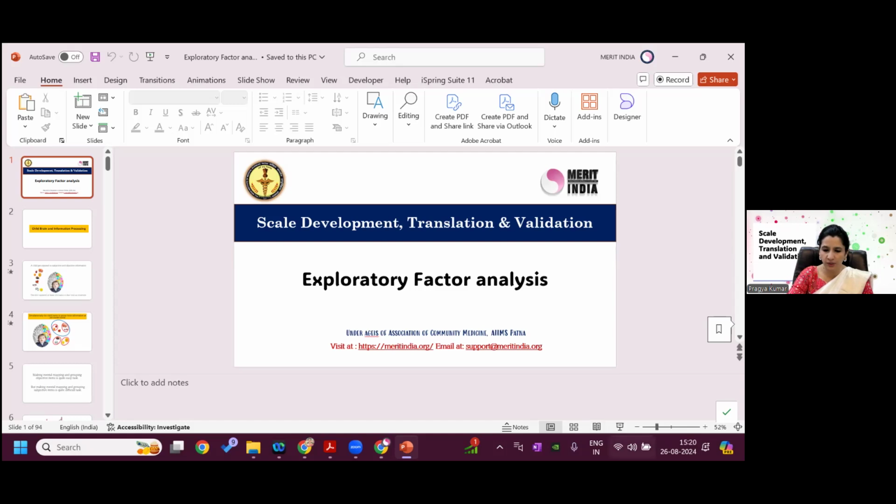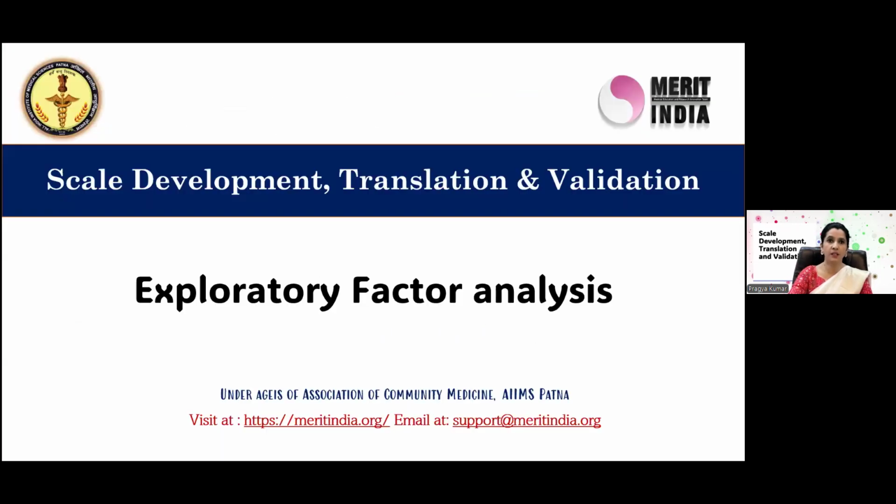So coming to the exploratory factor analysis. Till now, you have seen what activity we did. There was an empathy question, and on the initial first day, you developed items. We removed the duplicated items. We had a questionnaire which we told you to fill in for content, ambiguity, and clarity.